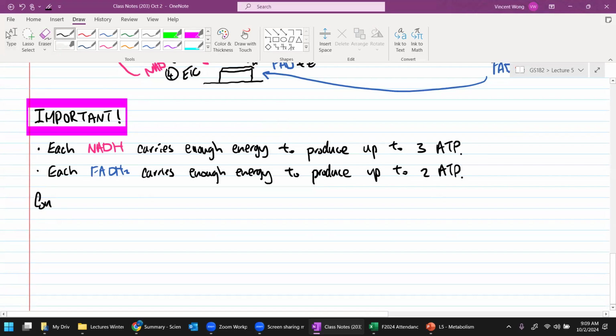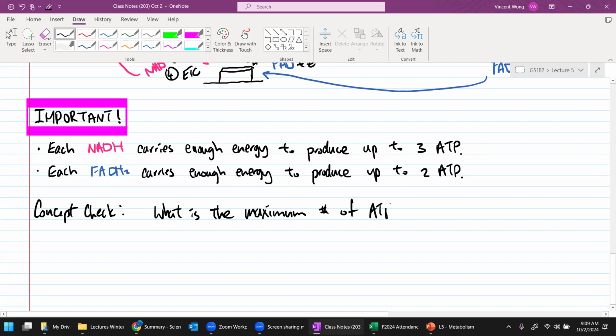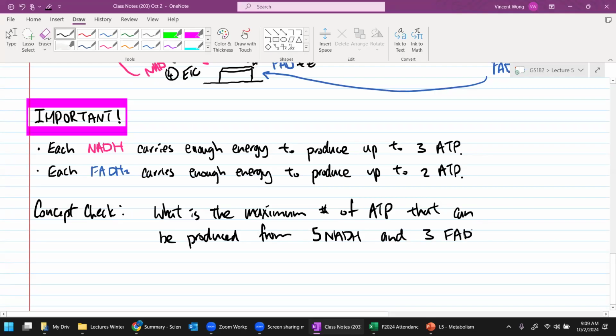So here's a concept check question. What is the maximum number of ATPs that can be produced from 5 NADH and 3 FADH2?